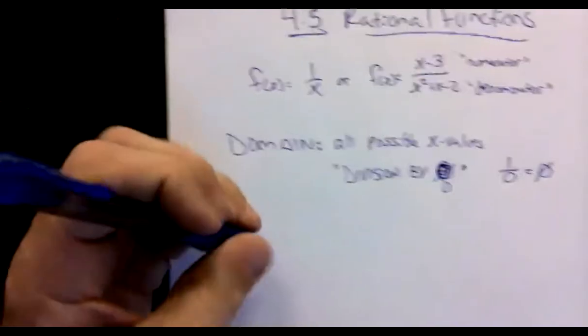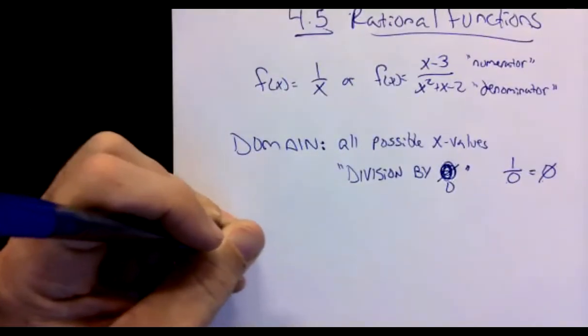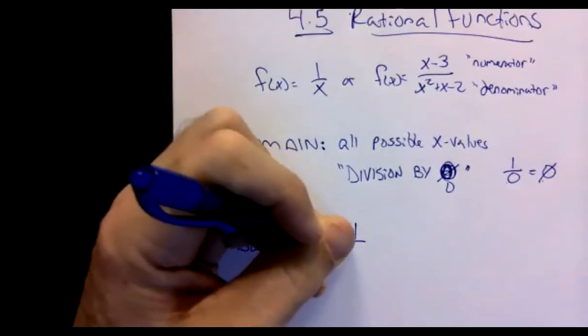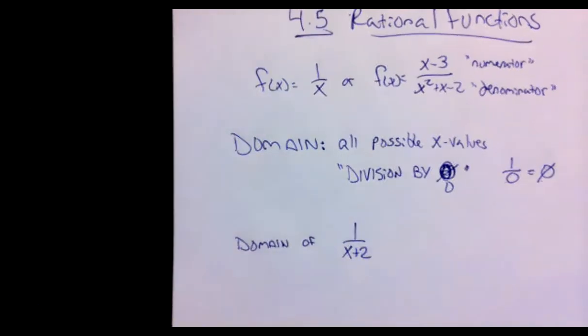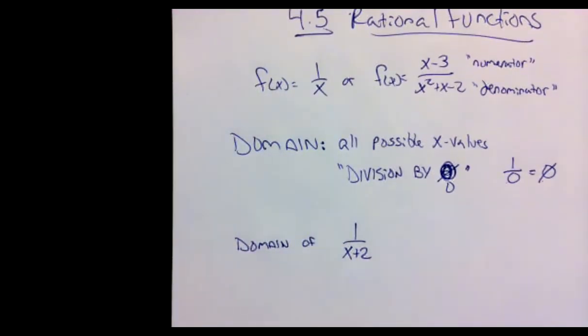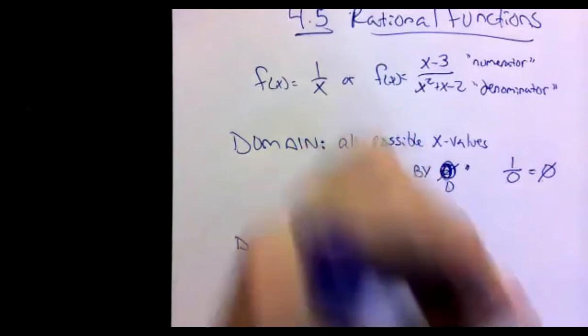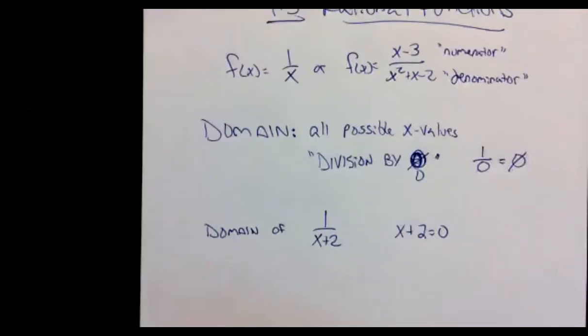So if they ask you specifically what is the domain of some function, your domain is any value that does not cause division by 0. The numerator is not affected. We just want to make sure the bottom doesn't equal 0. So disregard the numerator. Just take your denominator, your bottom, set it equal to 0, and then solve.